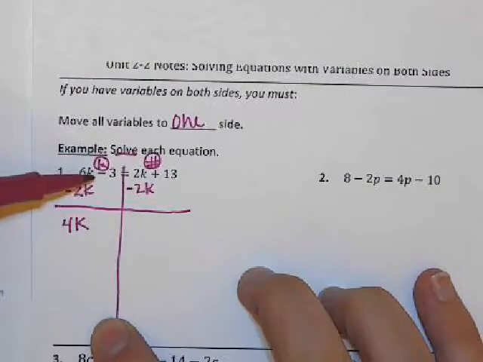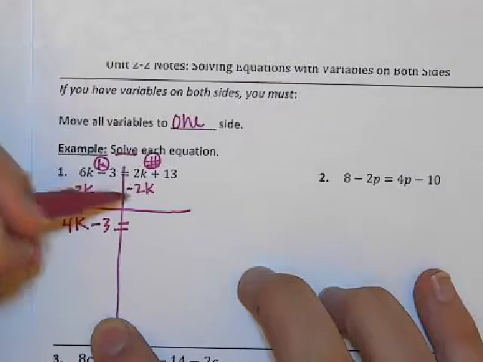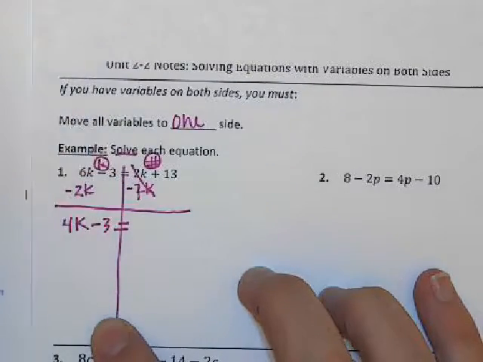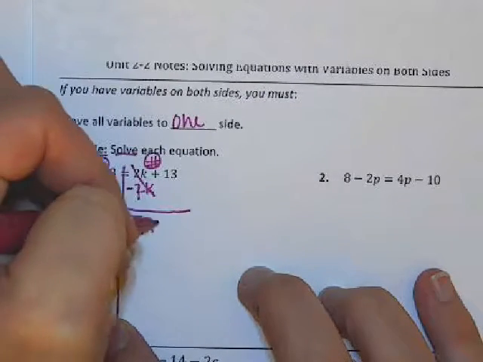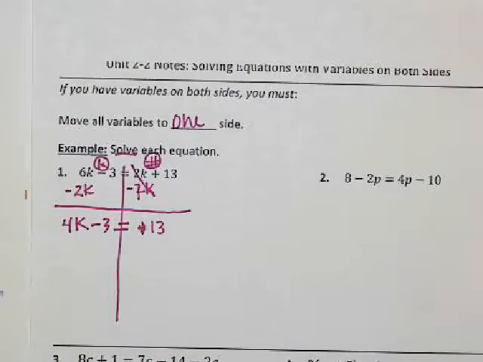Can I do anything with the minus 3? No, bring it down. Equals 2k minus 2k is 0, cancel it out. Plus 13. I didn't mean to put the plus sign; it didn't have to be there.